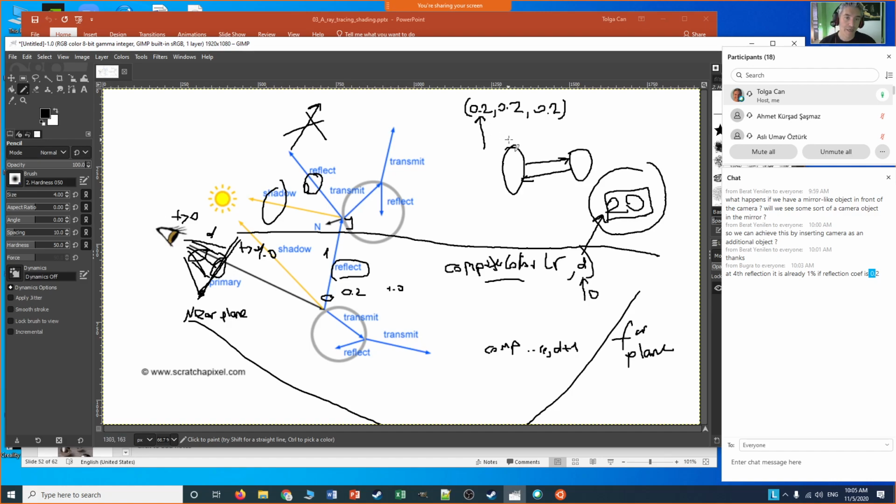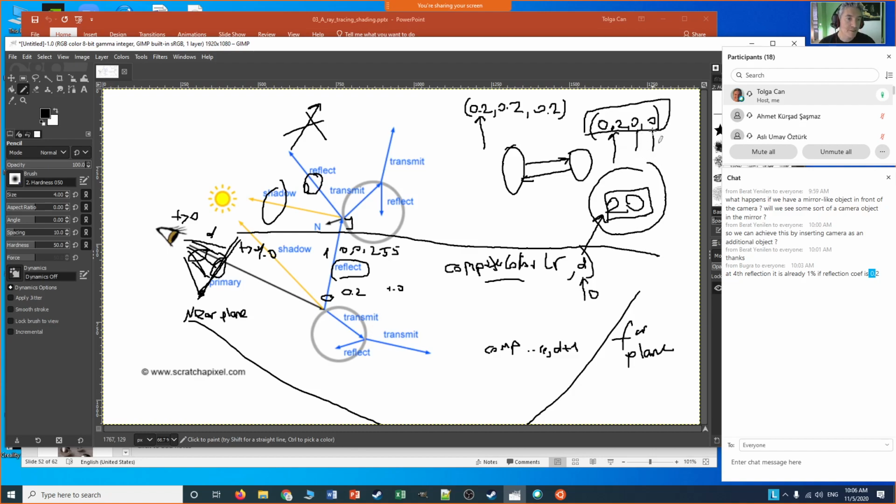An object that is like a mirror should have all these equal, but we may have some strange object in which the reflection is only at one channel, for example 0.2, 0, 0. If the reflected light coming here is blue light, 0, 0, 255, after the reflection it will be 0, because this coefficient says I can reflect only the red component of whatever is coming to me.